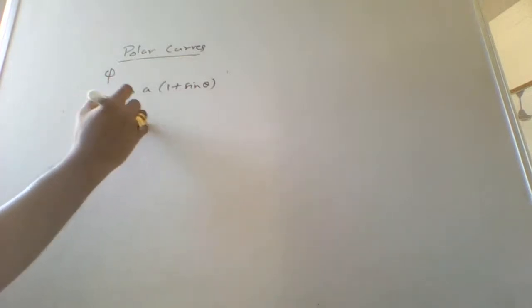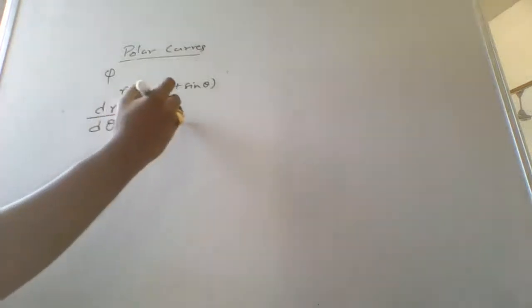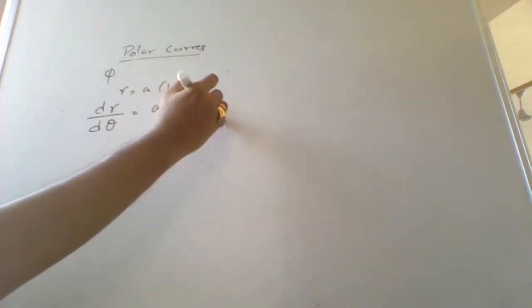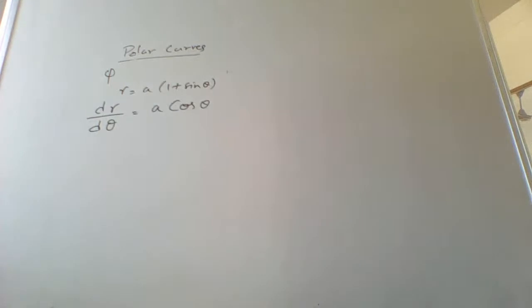Now, since we have been given r as a times 1 plus sin theta, let us differentiate this with respect to theta. When you differentiate r with respect to theta, this becomes dr by d theta, which is a cos theta.